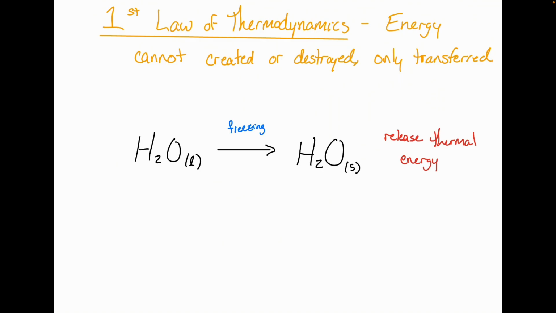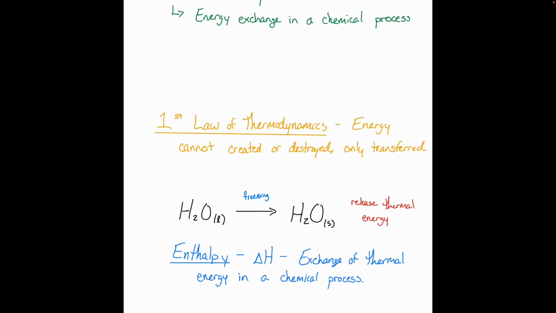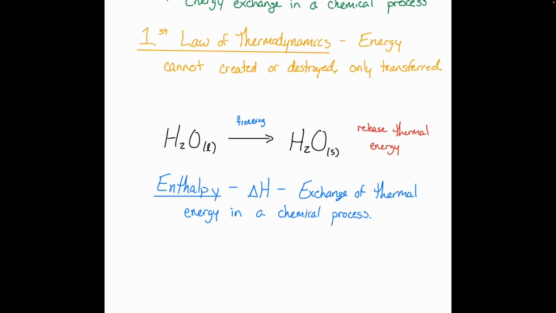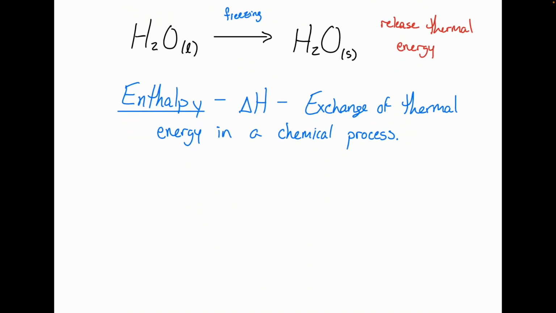All right, so we are going to be talking in terms of this enthalpy concept here. So we have some fancy terminology for a chemical process that releases thermal energy. Okay, a delta H that is less than 0, a negative delta H. This is a chemical process that releases thermal energy.